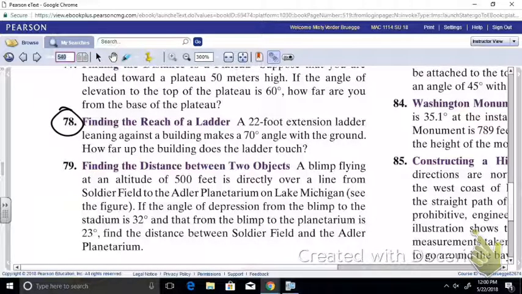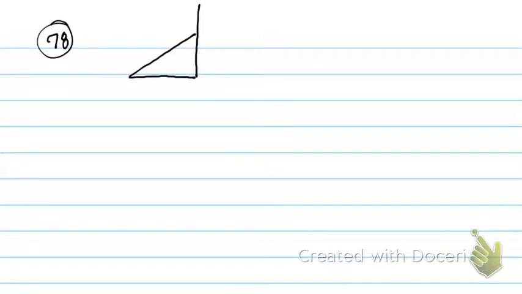All right, so let me come over here. Yeah, this one's not too bad. So for 78, here's the ground. So we've got this ladder, and this is our building. Let me try to make 70 degrees look more realistic.